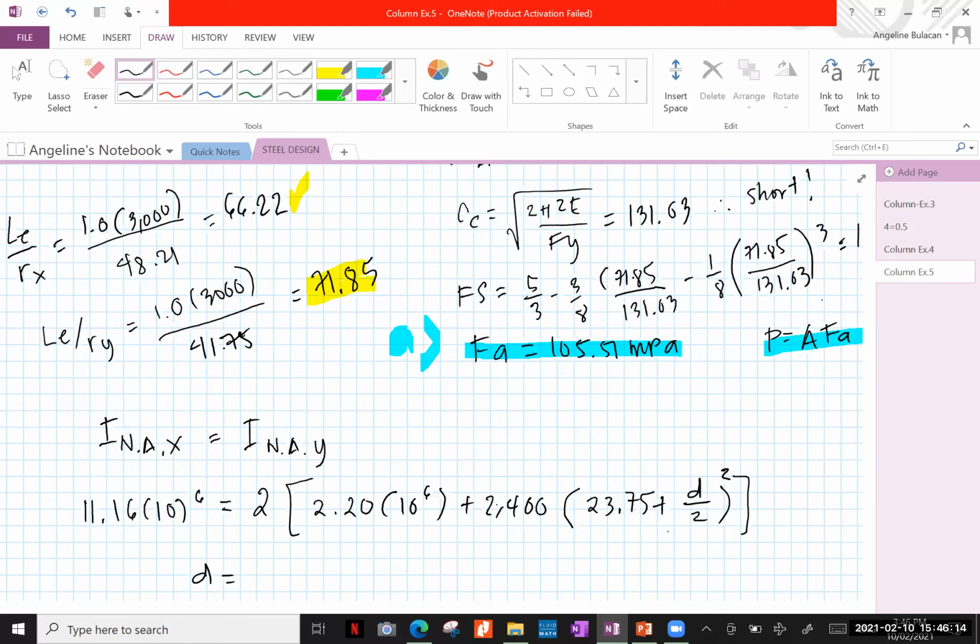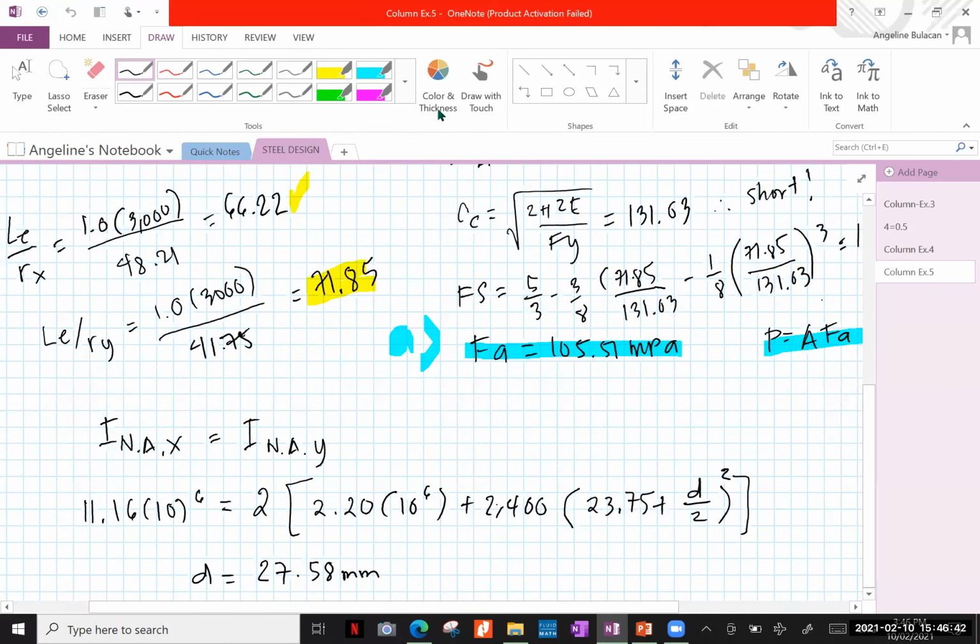Answer, 27.58. Now, I suggest na kapag nagsosolve kayo, just use your algebra, simplify nyo na muna siya para ma-solve nyo yung D. Kasi if you use shift solve na ganito kahaba yung equation, masyadong mabagal.